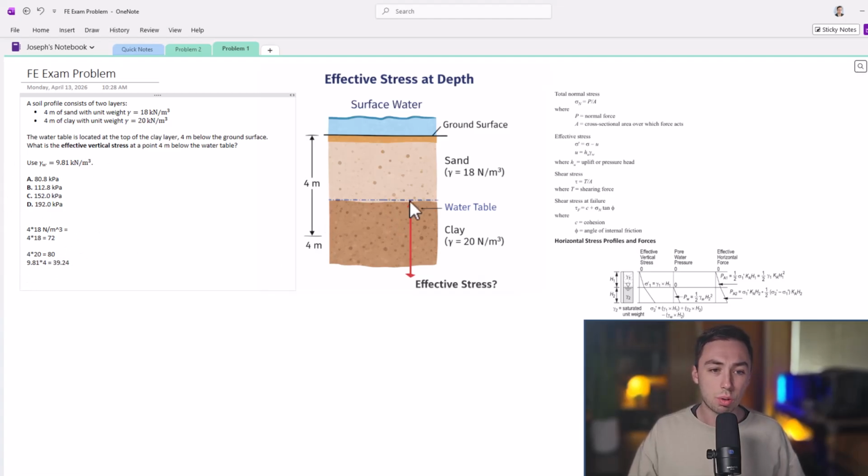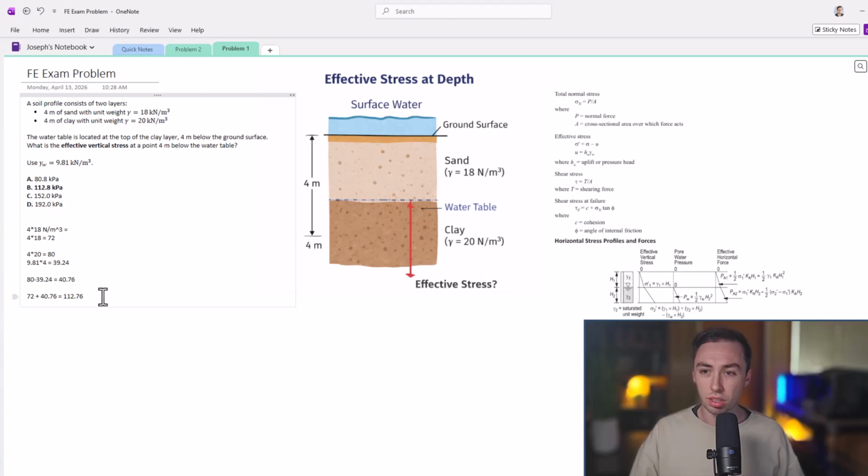So for this bottom clay layer, we would take 80 minus 39.24, and that would equal 40.76. So we could add 72 plus that 40.76, and voila, that gives us the answer of 112.76. And that's close enough. We could round to answer B.